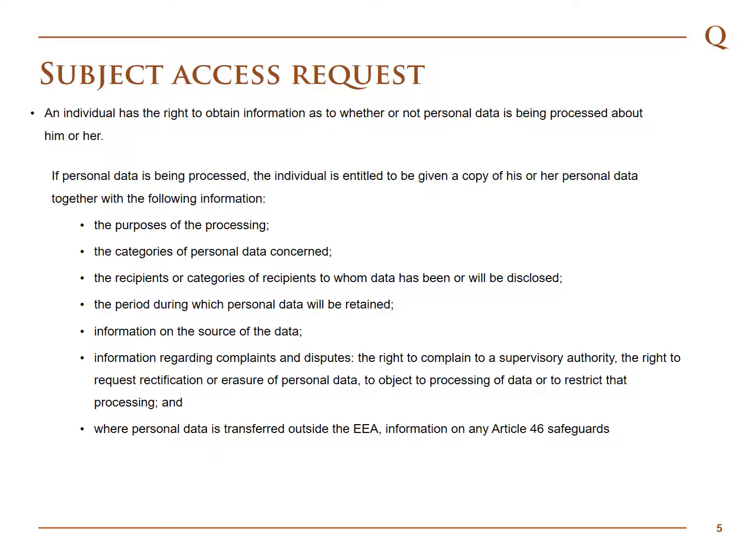We also need to remember that if personal data is being processed, the individual is entitled to be given a copy of his or her personal data together with the following information: the purpose of the processing, the categories of personal data concerned, the recipients or categories of recipients to whom data has been or will be disclosed, the period during which personal data will be retained, information on the source of the data, any information regarding complaints and disputes, the right to complain to a supervisory authority, the right to request rectification or erasure of personal data, and to object to processing of data or to restrict that processing, and where the personal data is transferred outside of the EEA, information on any Article 46 safeguards.